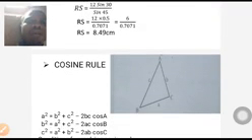As you can see in the triangle as well, lengths a, b, c, small letters, represent the sides, while the capital letters A, B, C represent the angles.